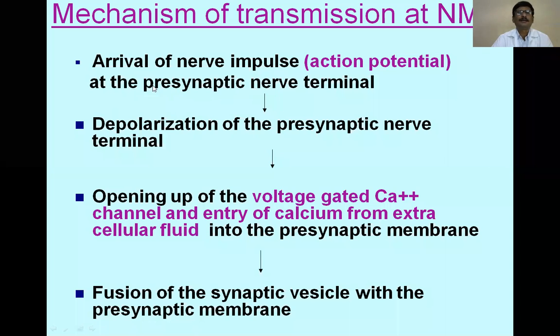As it reaches the presynaptic terminal or axon terminal, you will find many voltage gated calcium channels. Arrival of the impulse means an action potential arrives at the presynaptic terminal, causing depolarization followed by repolarization. This depolarization of the presynaptic membrane causes the opening of voltage gated calcium channels.